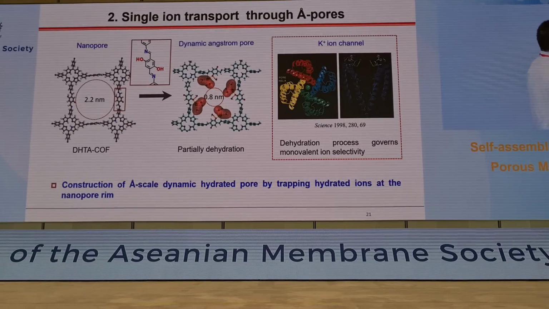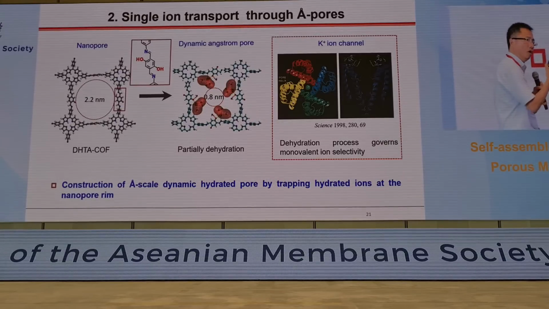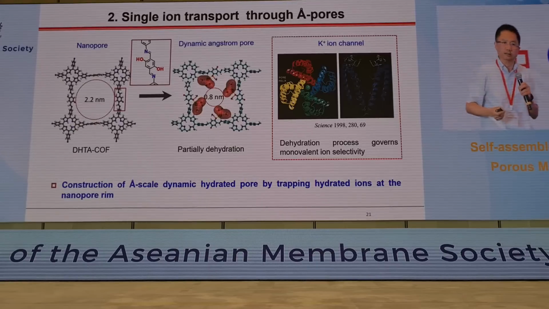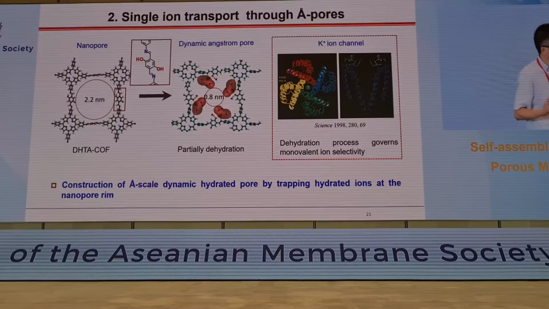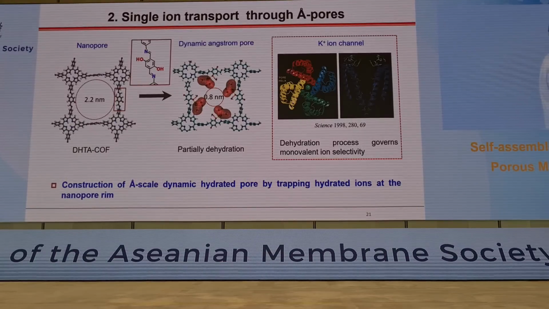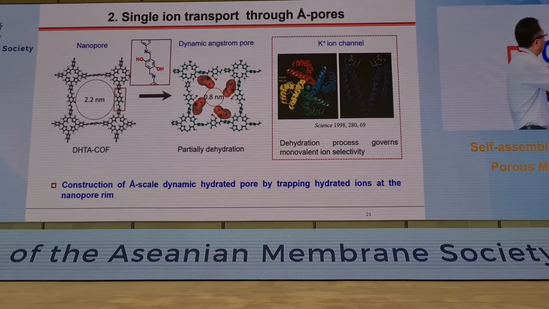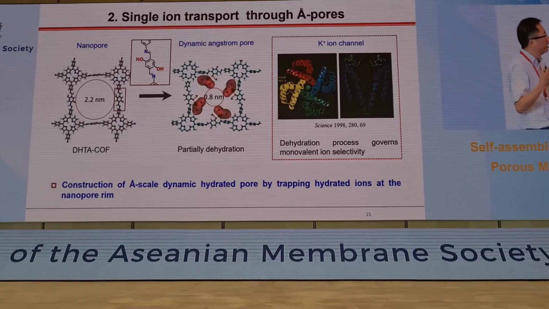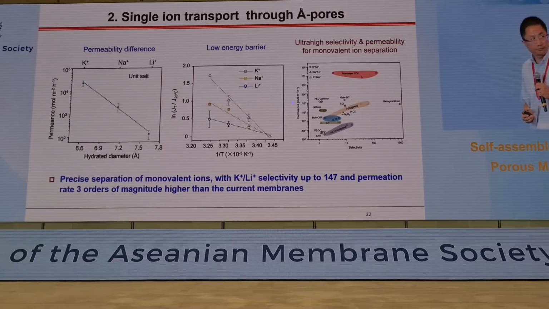In biological channels, everyone knows the dehydration process always governs the monovalent ion selectivity. However, in our hydrated pores, we achieved fast transport and selectivity of the monovalent ions in their hydrated rather than dehydrated state.